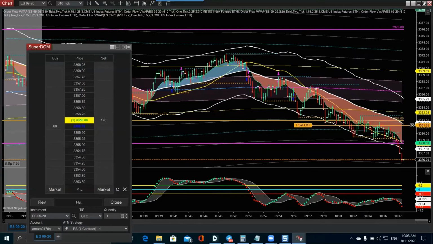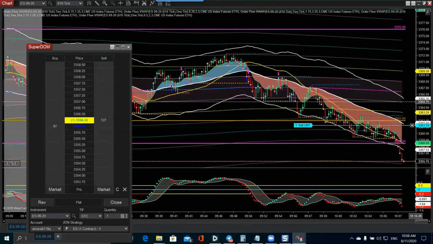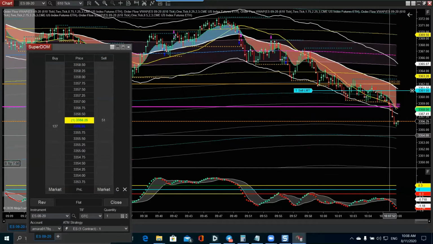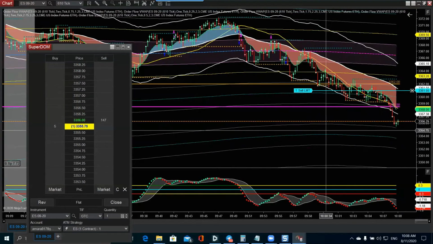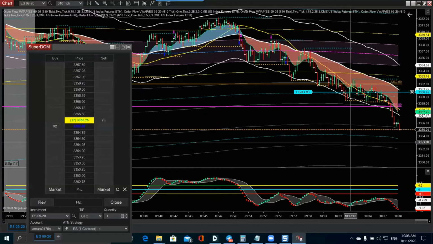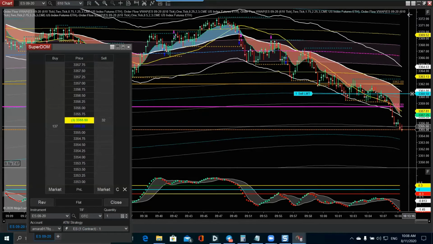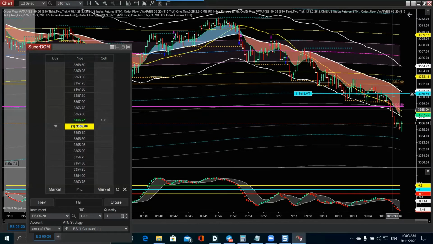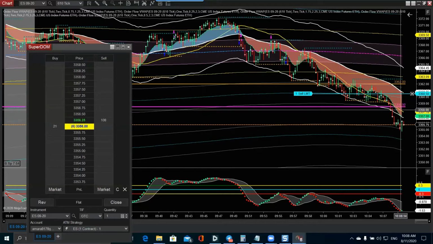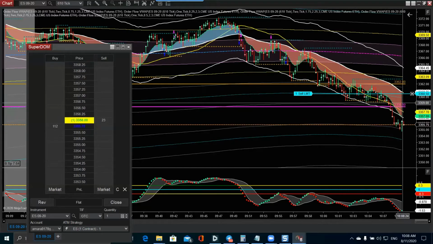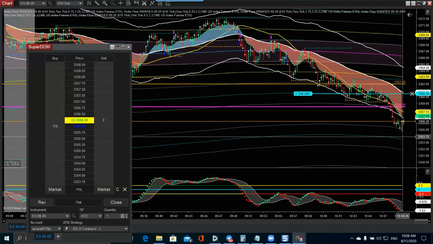Now we're going down to the -2 here. So now we are seeing, we never really got an entry here, right? So now we're getting to the -2 deviation. So we'll see if it's going to break this -2. Usually it goes up and down here between the -1 and -2. It's going to test this -1 again, and then it's going to come down here.